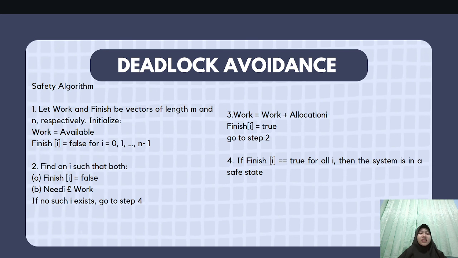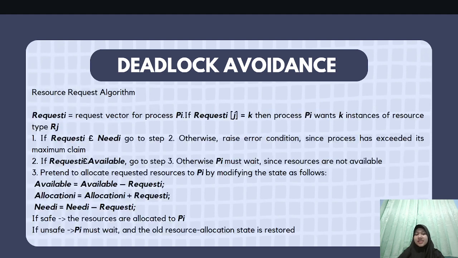If no such i exists, go to step 4. Step 3, Work equals Work plus Allocation_i, Finish[i] equals true. Go to step 2. And for step 4, if Finish[i] equals true for all i, then the system is in a safe state.